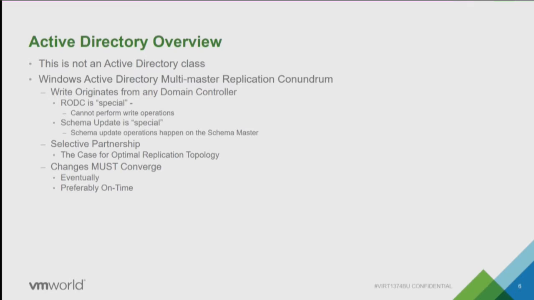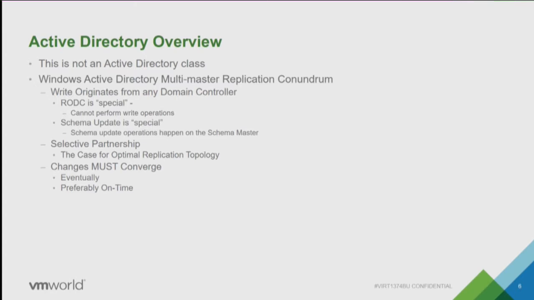However, the RODC, of course, is a special case, and the schema update is also a little bit special. We are not going to talk about that. When you create objects or make changes in AD, there is selective partner replication. If you have thousands of DCs in your environment, they choose partners to replicate with, and how they replicate depends on the topology, your Active Directory Sites and Services, which we are not going to get into.